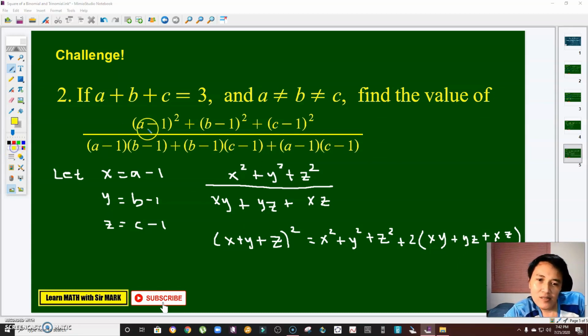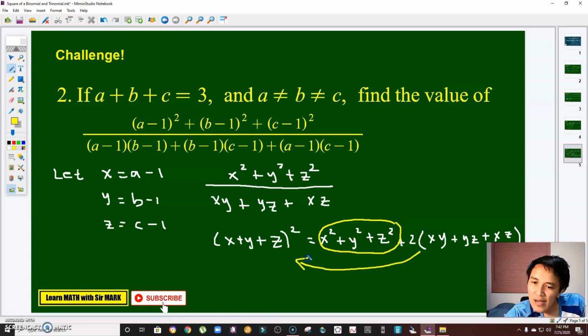Like earlier, since I'm after the value of this one only in my numerator, all you have to do is transpose this to the other side of your equation. Clear?